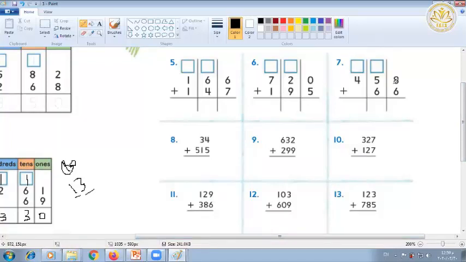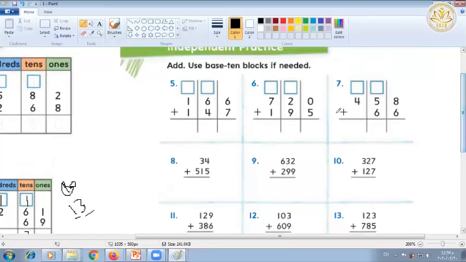Now here we have 458 plus 66. We have hundreds only in the first number. The other number doesn't have hundreds, okay?